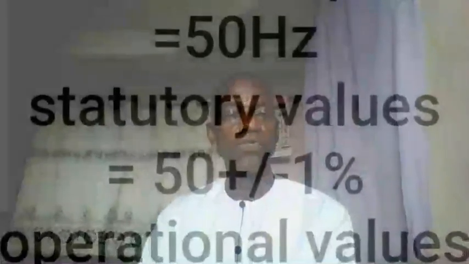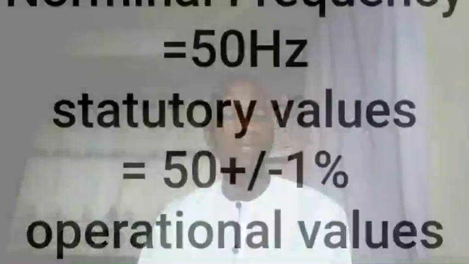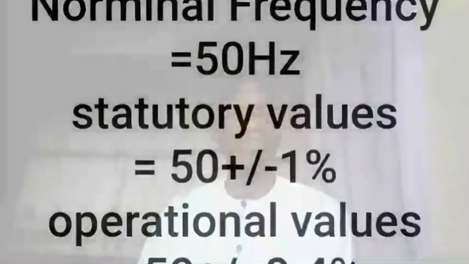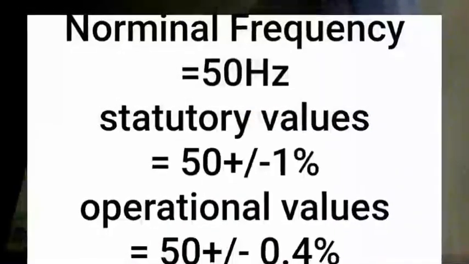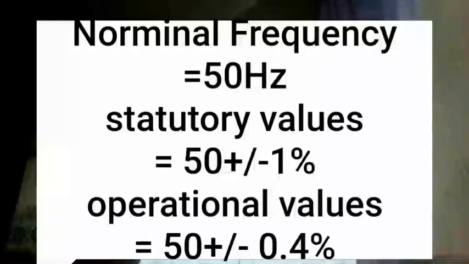The nominal value, as far as this country, Nigeria, is concerned, is 50 hertz. The statutory value is plus or minus 1% of the 50 hertz. Then the operational value is 50 plus or minus 0.4. These are the values.